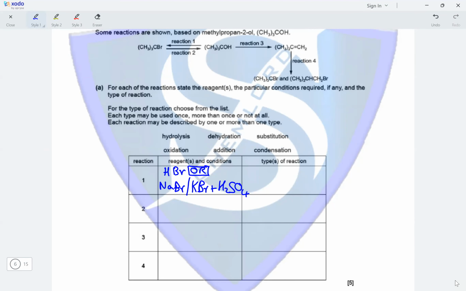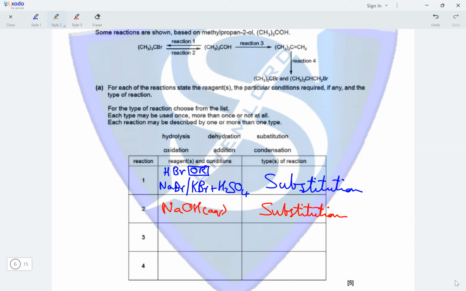And this reaction is known as, according to the names given, substitution. For reaction 2, which is the conversion of the halogenoalkane into an alcohol, we would be needing aqueous NaOH to carry out this reaction, and this reaction is also called substitution. Nucleophilic substitution to be more accurate.